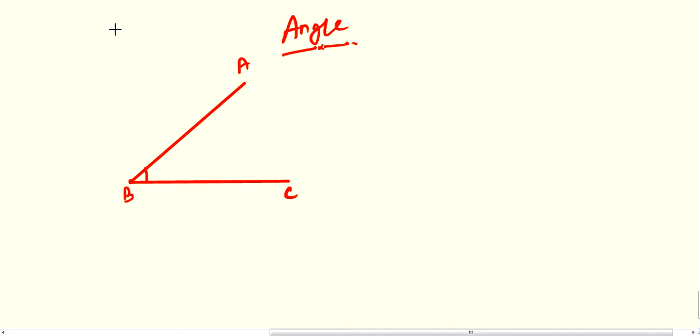Then two rays, P, Q, R. So an angle is formed when two line segments or two rays have a common endpoint.